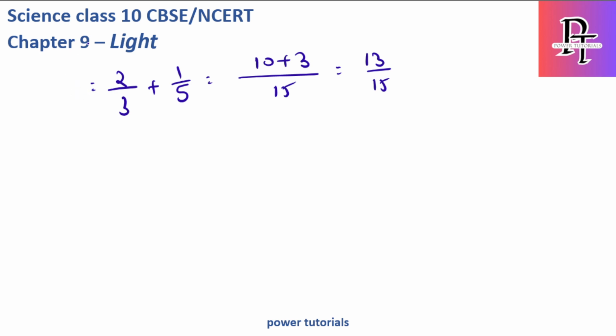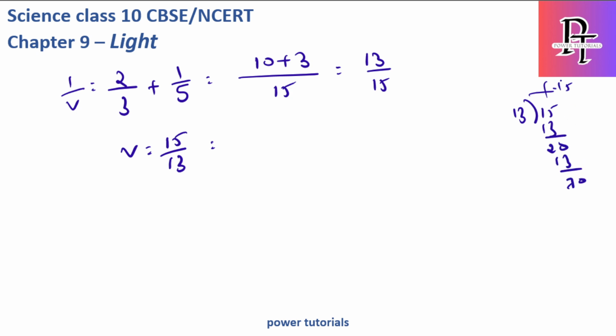This is 1 by V is equal to 13 by 15. So I got the V value as 15 by 13. If I do the division, 13 1s are 13, 20, 13 1s are 13, 70, 13 5s are 65. So it is 1.15 meters, the V value. So the image got created on the right side.